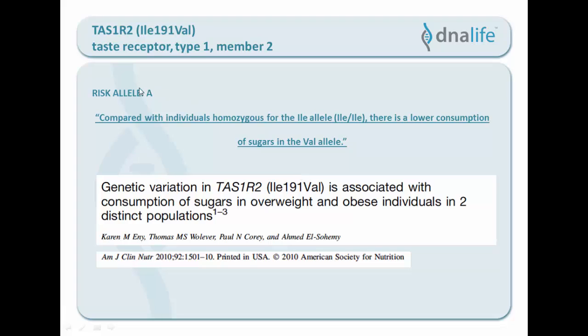So here we are seeing that AA and GA individuals will take in a lot more sweet foods and seek out sweet foods, and that there is that association with that high consumption of these sweet foods and a higher obesity risk.